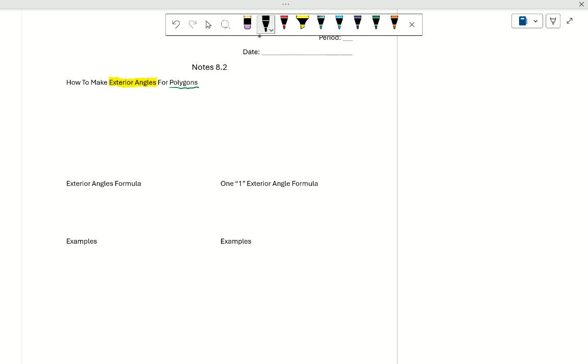Let's go ahead and draw a couple shapes here. Let's draw a pentagon, 5-sided shape. Let's draw an octagon, an 8-sided shape. 1, 2, 3, 4, 5, 6, 7, 8.